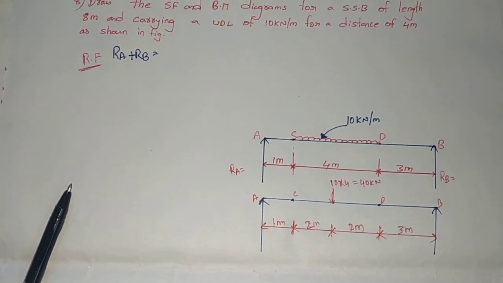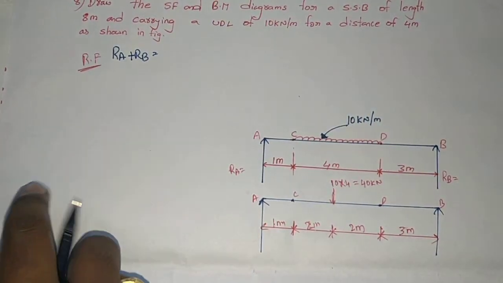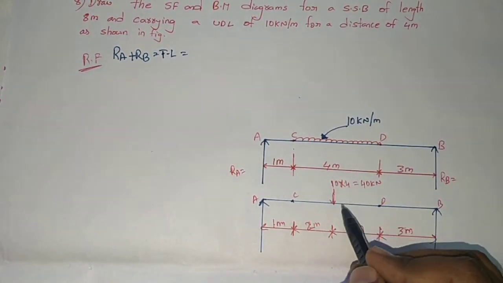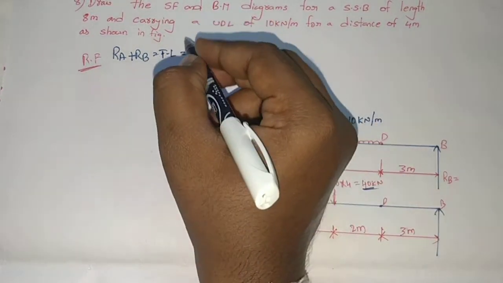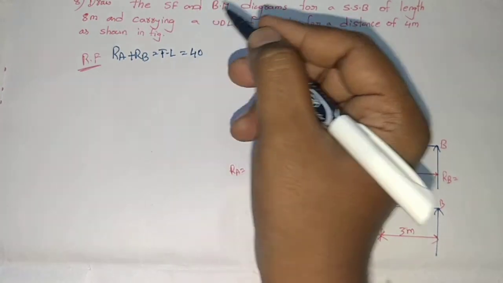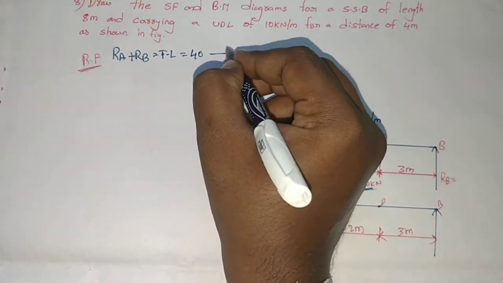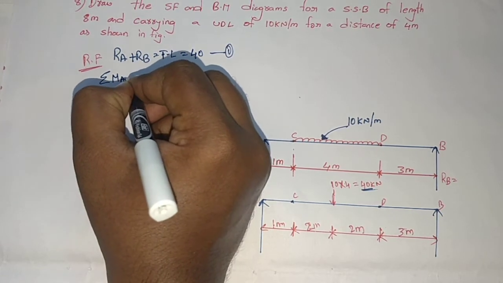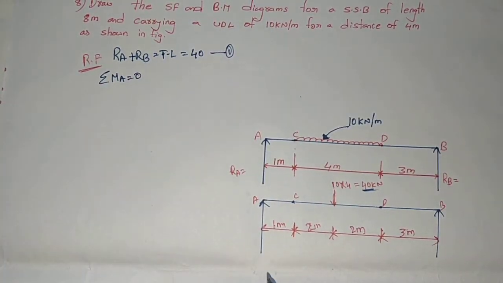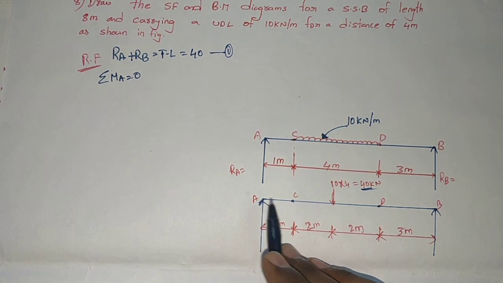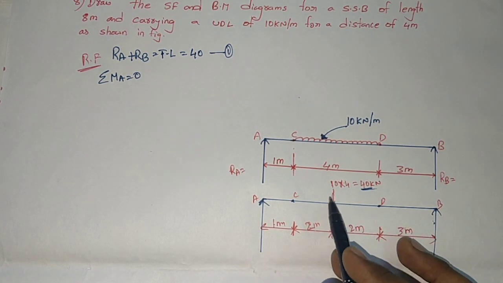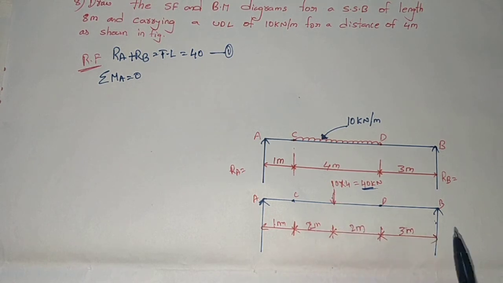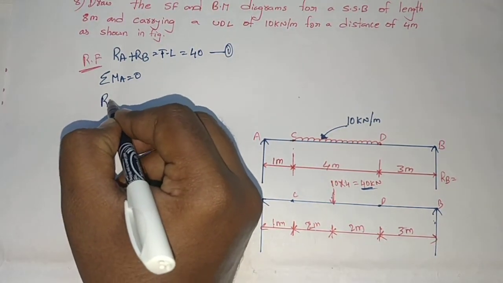Now we need to calculate the reaction forces. RA plus RB is equal to the total load on the beam, which is 40 kilonewtons. This is equation 1. Now taking moments about A equals 0. The right side of A has one reaction force and one converted load.